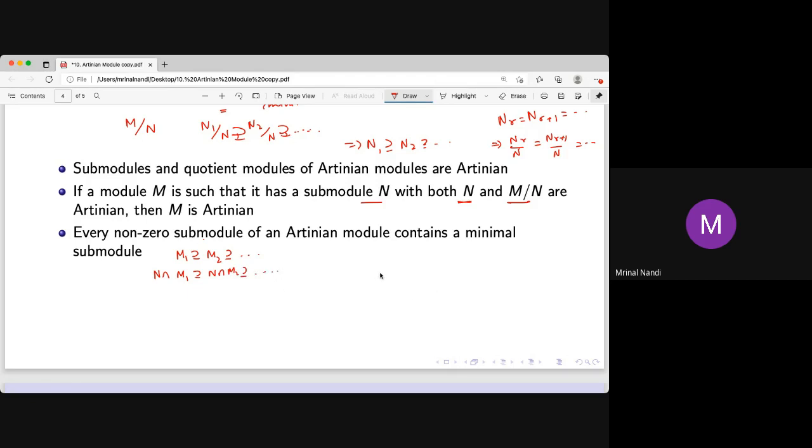This is stationary because it's a submodule of N and N is Artinian.